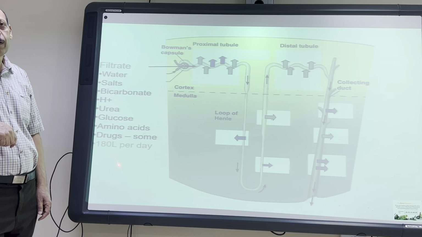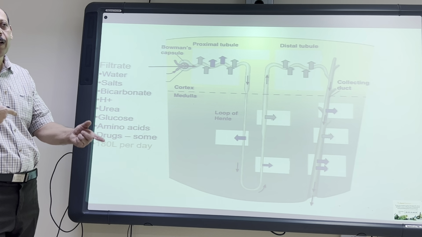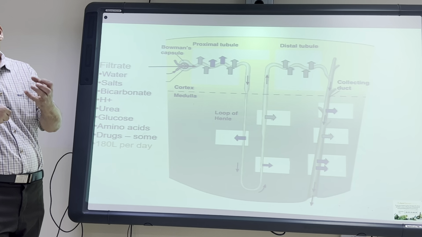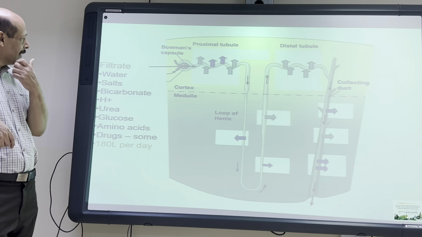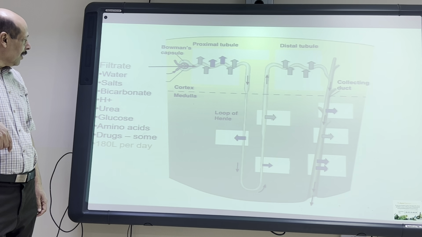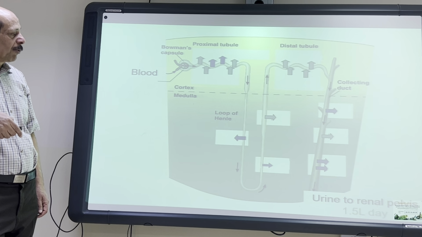The amount of blood is 6 liters. So it means the fluid of our body goes out and comes back many times. This is the filtration per day, but mostly it will be reabsorbed.